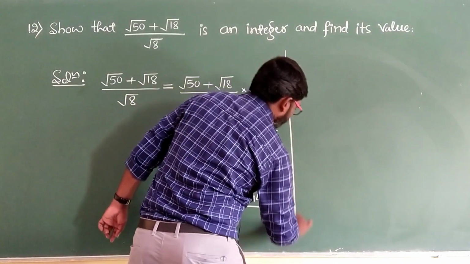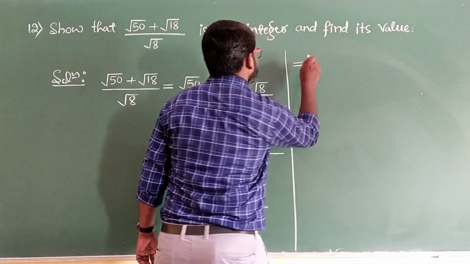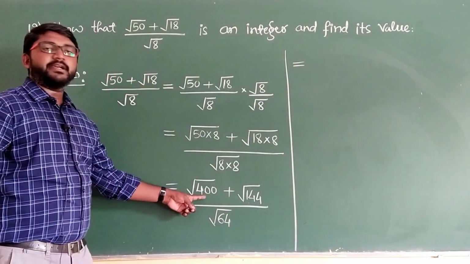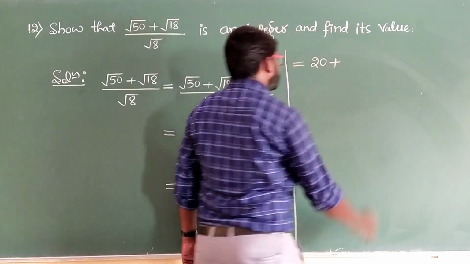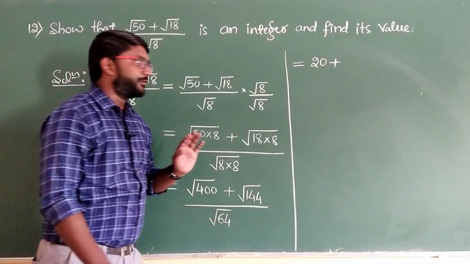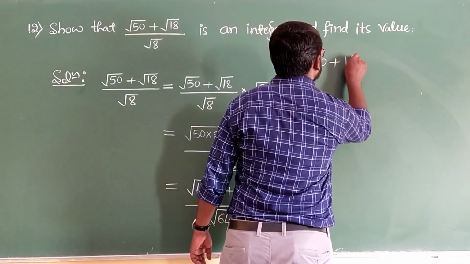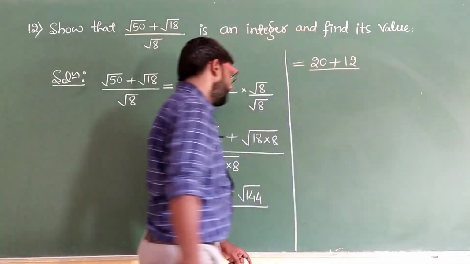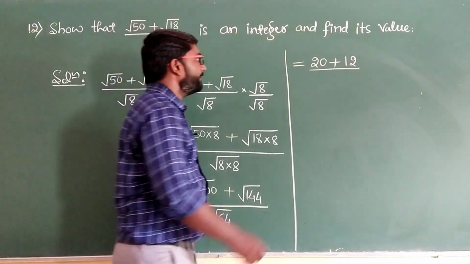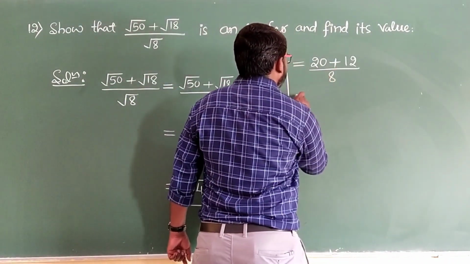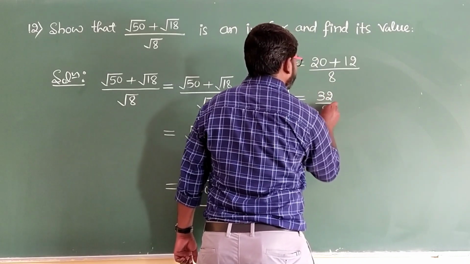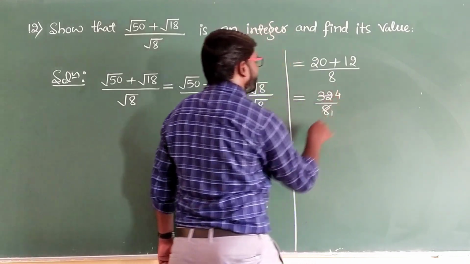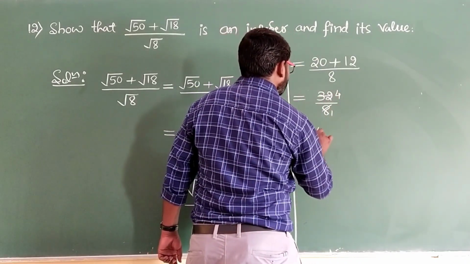So now in the next step, root 400 will be 20. So 20 plus root 144 will be 12. So 20 plus 12 divided by square root of 64 will be 8. So 20 plus 12 it is 32 divided by 8. 8 fours are 32, which is equal to 4.